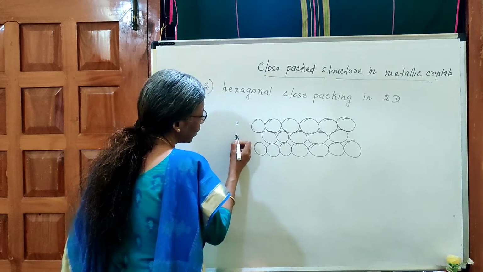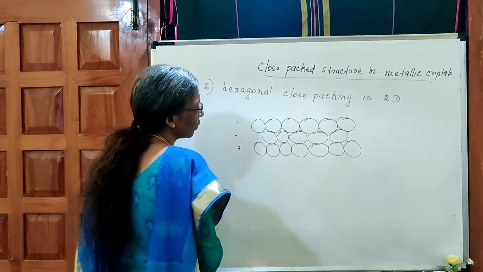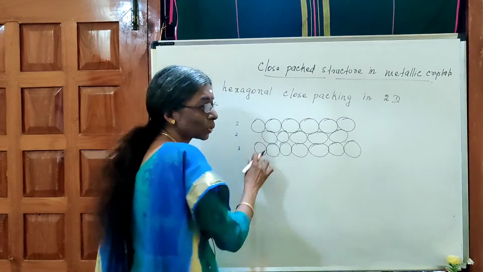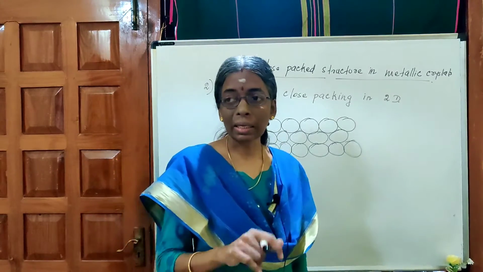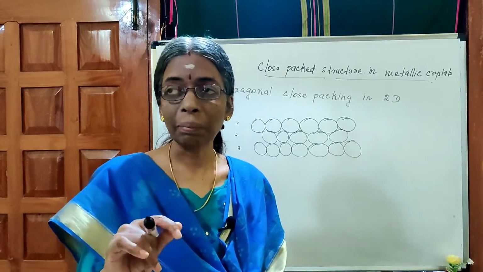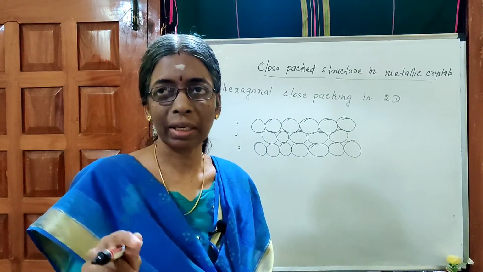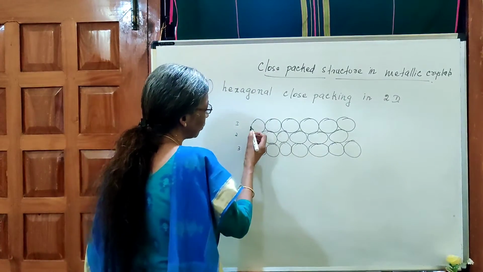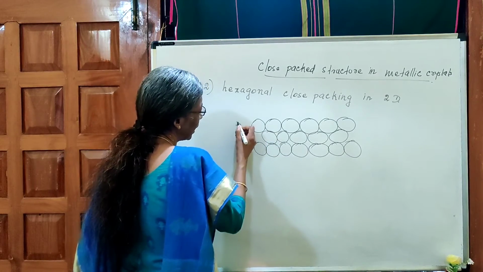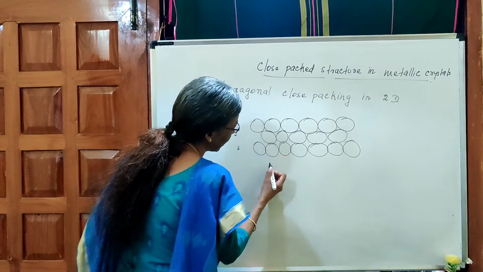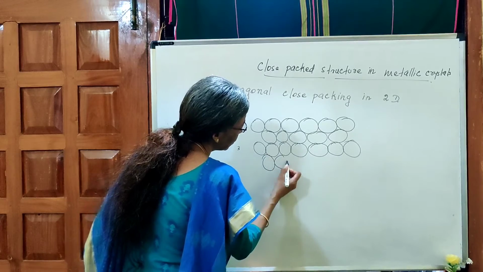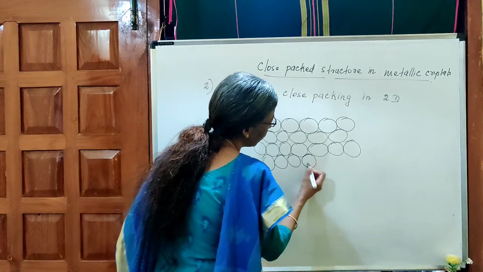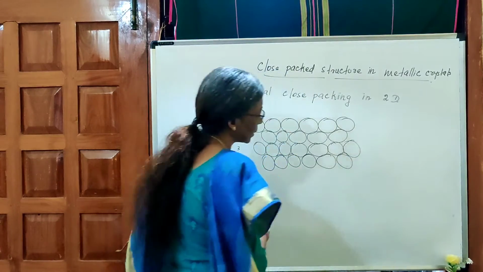This is the second one. This is the third one. So we can tell this: the second layer comes in the depression of the first layer. So you are drawing this first and third. The next one is the fourth layer, which comes exactly below the second layer. 1, 2, 3, 4, 5, 6.